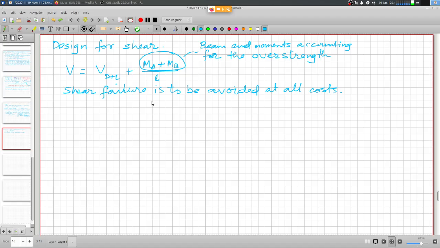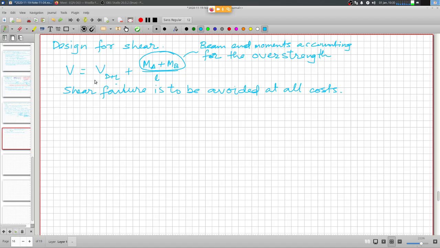Elastically computed moments from the approximate analysis have to be amplified to account for the overstrength, and obviously the appropriate load factors will come in again, divided by the length, and that is the shear force that has to be withstood.